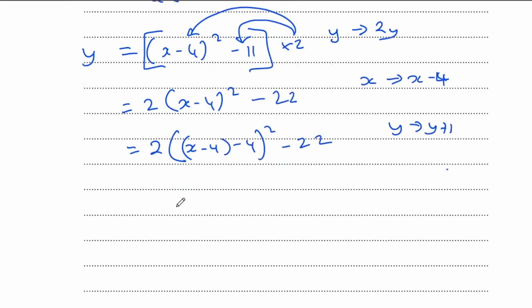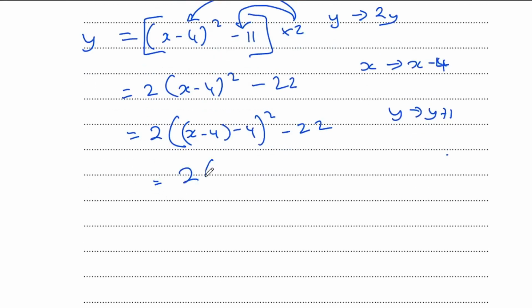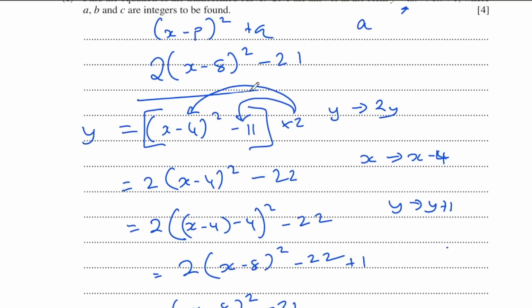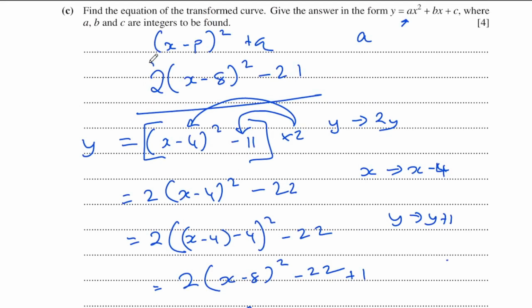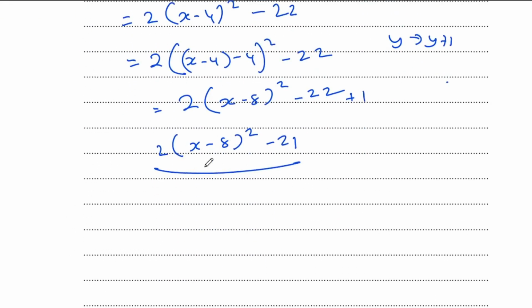And this then ends up becoming 2 bracket x minus 4 minus 4, which is x minus 8 squared, minus 22 plus 1, which just becomes minus 21. So 2 bracket x minus 8 squared minus 21. So same thing we got, but in two different ways, where this requires a little bit more knowledge in the multiplying by 2. I feel like this one is easier.